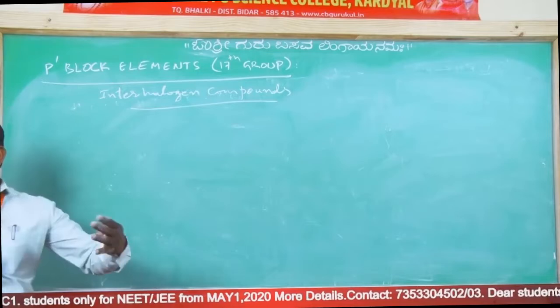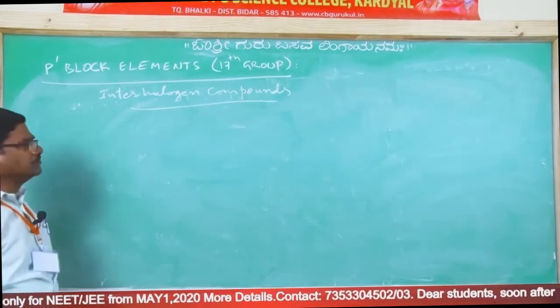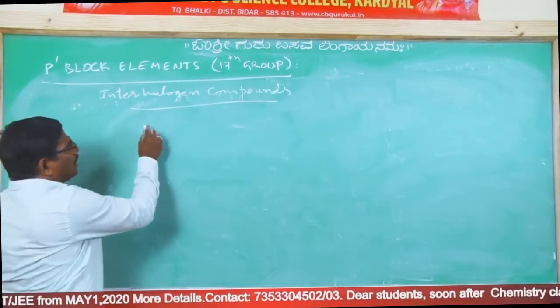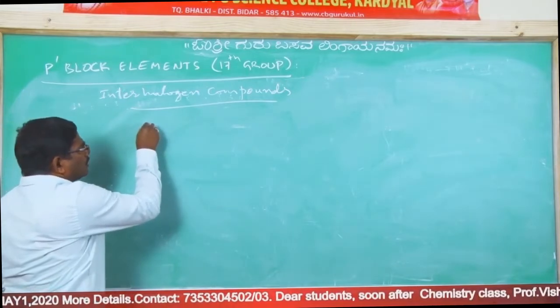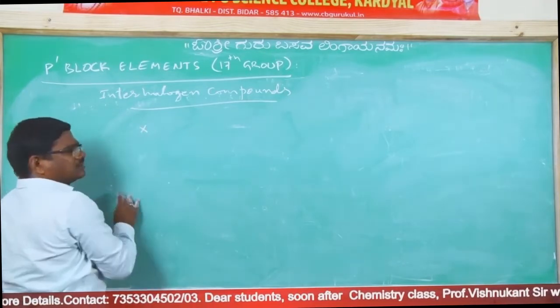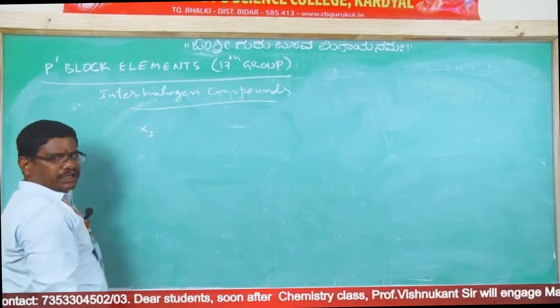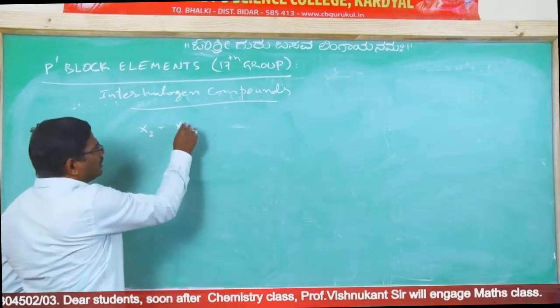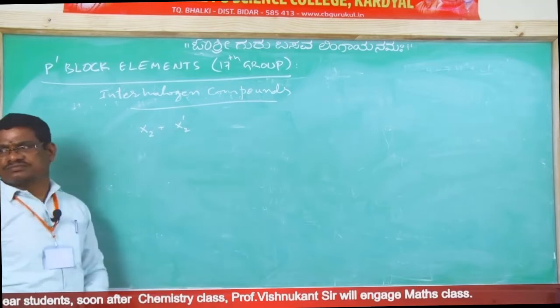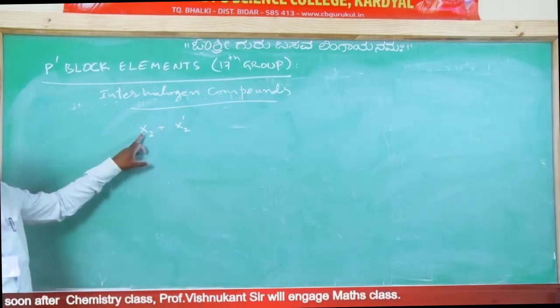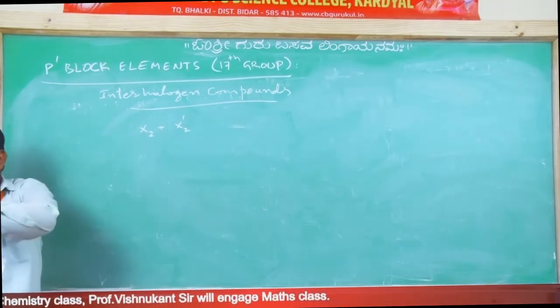Interhalogen compounds, internal, antargata. Suppose interhalogen compounds here, X2 or else X2, X2 reacts with X dash 2. If it is one halogen, it is other halogen. Total 4 halogens we have.